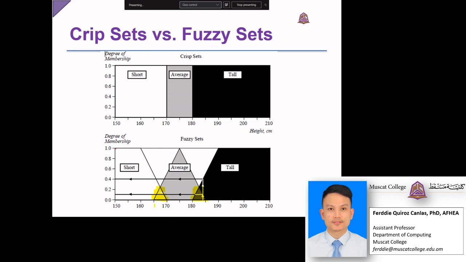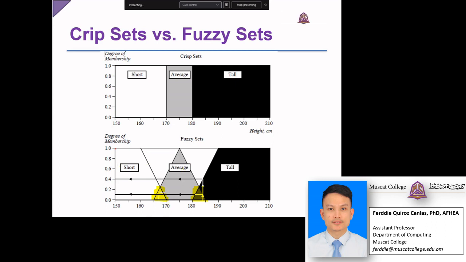So between 165 and 170, there's an overlap, meaning the height that falls between 165 and 170 can either be average in height or short in height. Because they are in the middle, like the examples I gave to you earlier. So values between 165 and 170 could be considered either average or short.